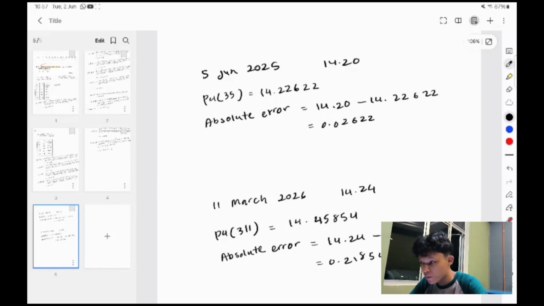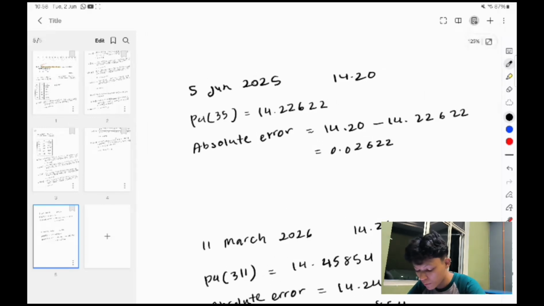And for the conclusion, we need to find the difference and what is the error from the estimated value and the exact value.